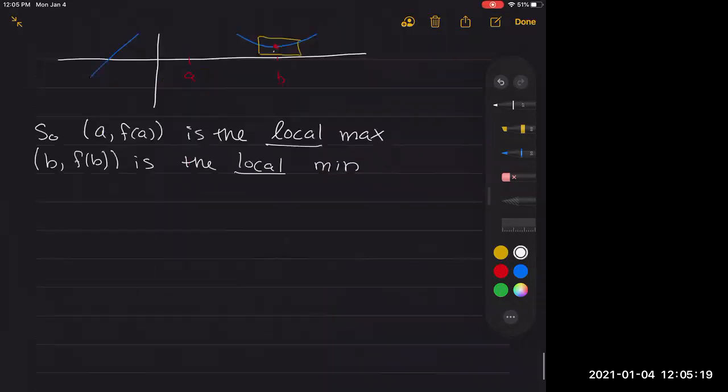And this is a useful fact to know about polynomials.